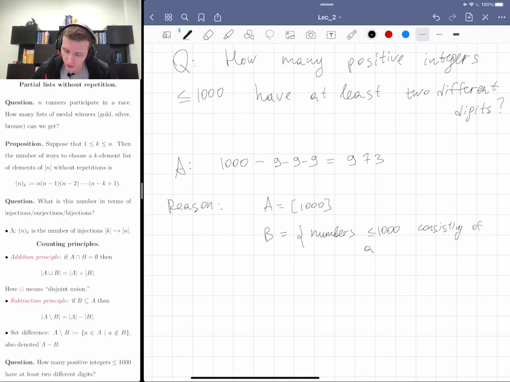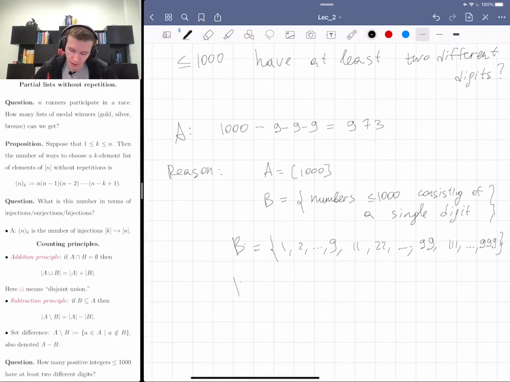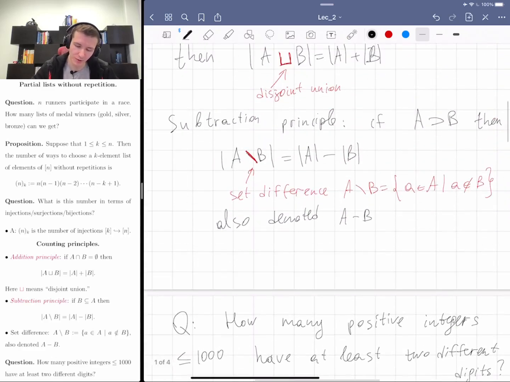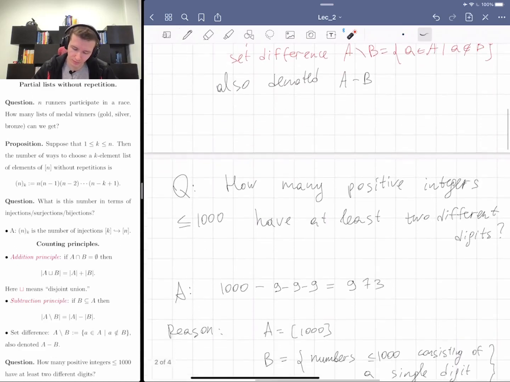So B is basically the set of 1, 2, all the way up to 9, and then 11, 22, all the way up to 99, and finally 111, all the way up to 999. So that's B, all right? In particular, the size of A is 1,000, the size of B is 27. And now you use the subtraction principle to count the answer.